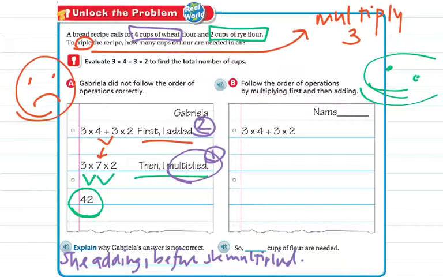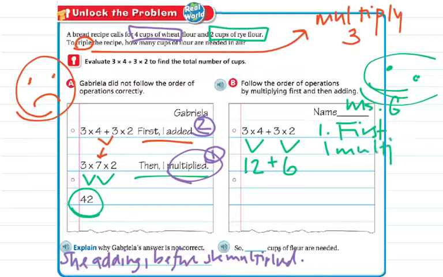So let's write our name. I'm going to write my name, Miss G, and you can write your name there. The order of operations says I need to multiply first. So I'm going to multiply my terms first. 3 times 4 is 12, and 3 times 2 is 6. Notice, I multiplied first. So I'm going to say, first, I multiplied.